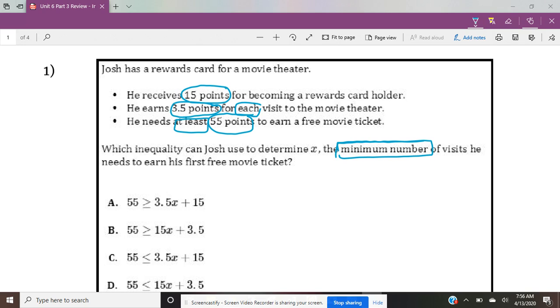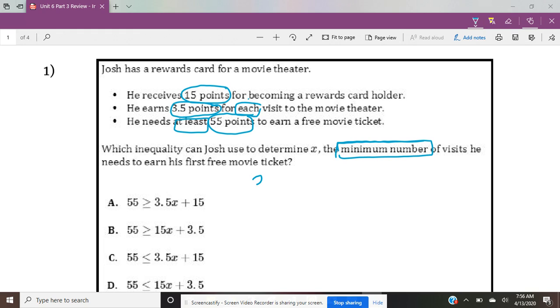So one thing I noticed is that normally we always write our variable on the left side. So what we're going to do is create our own inequality, and then we're going to flip it, and I'll show you why it's very important that you do this. So first off, the word each means multiply, right?